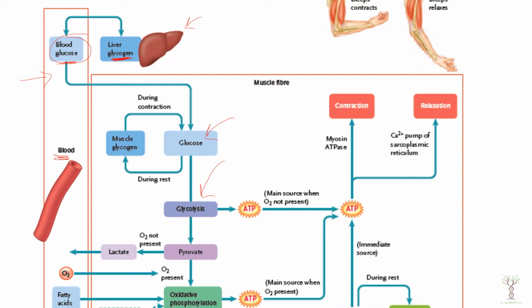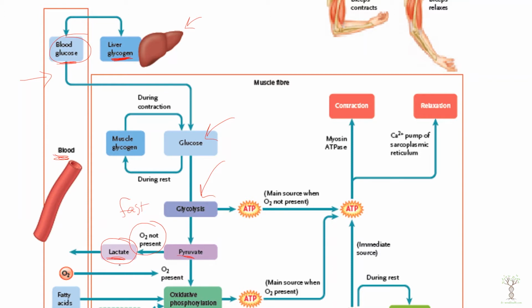Now, if that glycolysis process is the anaerobic pathway, so oxygen is not present, we're going to use our fast fibers. Glycolysis will convert glucose into pyruvate, which will be converted into lactate or lactic acid. Now, this lactic acid can go into the blood and it can be broken down by the liver.